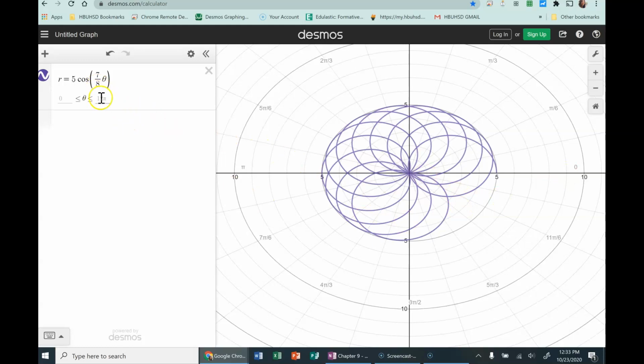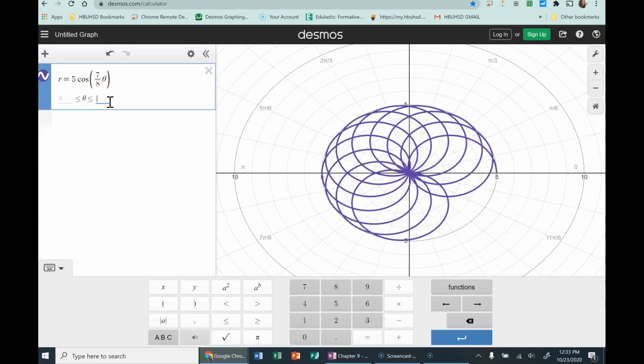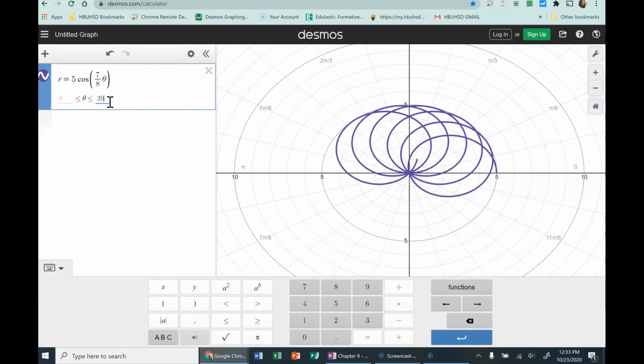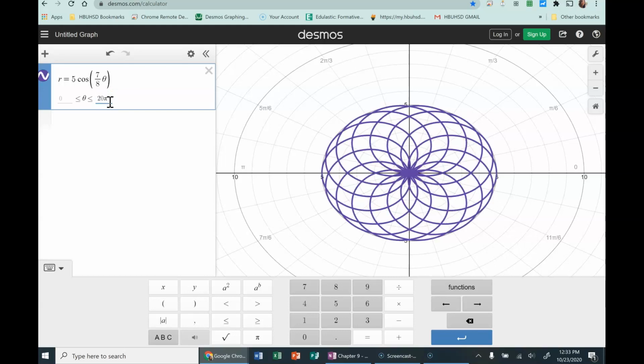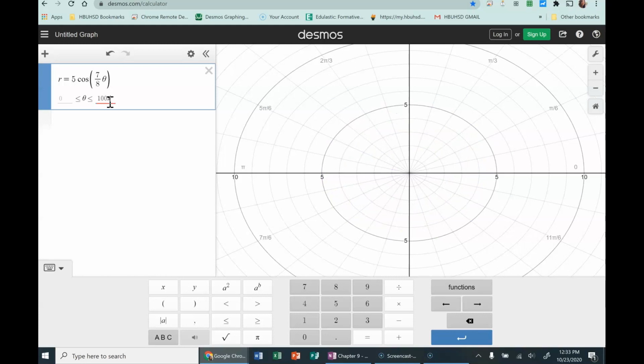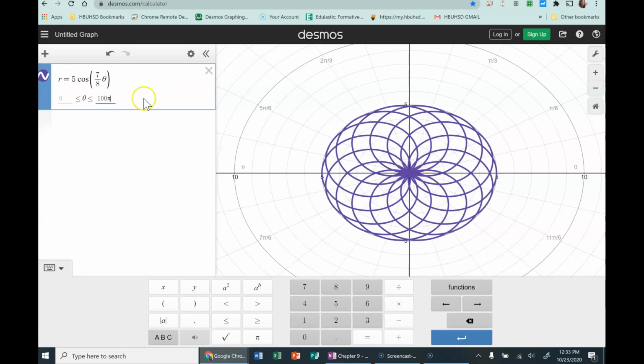So how about if we go to 14 pi or 20 pi? Okay, there you go. So the more revolutions that you graph, the more lines or the more drawing there's going to be. What if I go 100 pi? Okay, so again, get to the point where it does a complete cycle. So that looks cool. Let's try out the shapes.